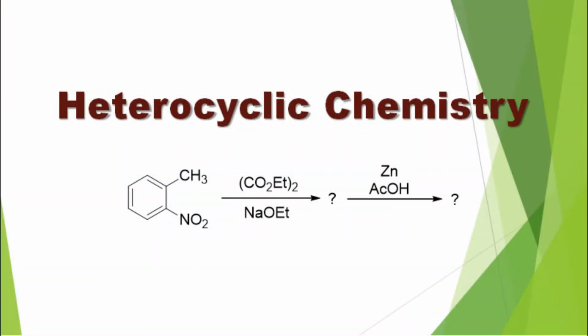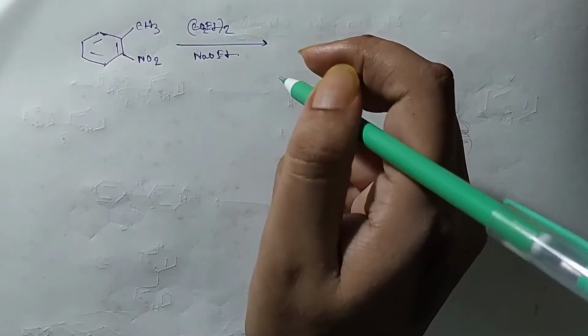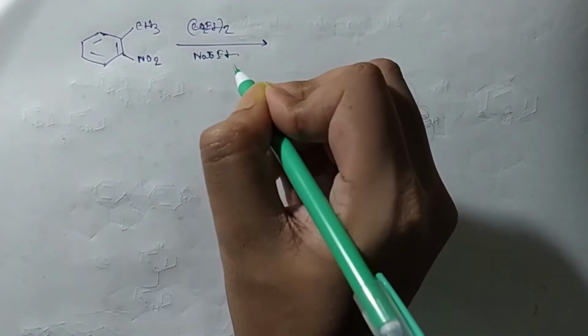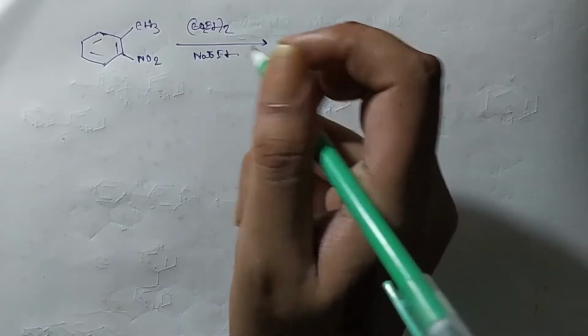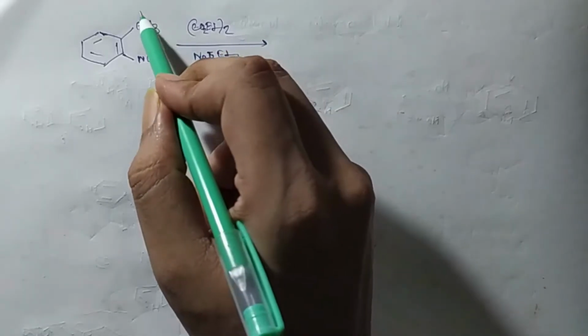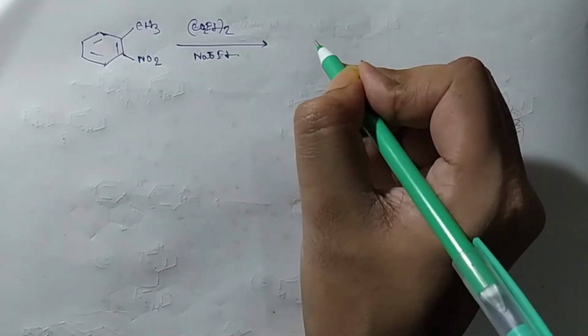So very simple reaction. So this is our next reaction. Here the nitro, which is ortho to the CH3, just increases the acidity of this benzylic proton. Sodium ethoxide, which is given as a base, just takes this proton, and the benzylic carbanion will be very much stabilized by this nitro.